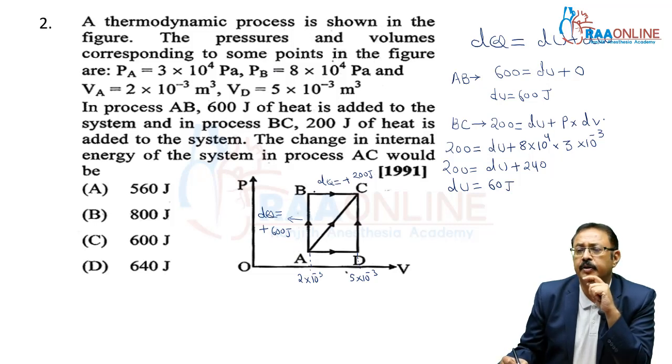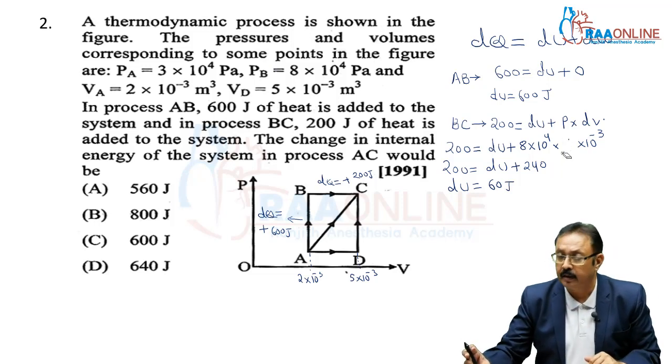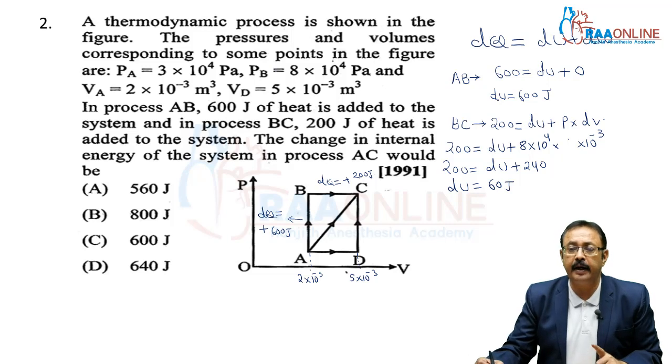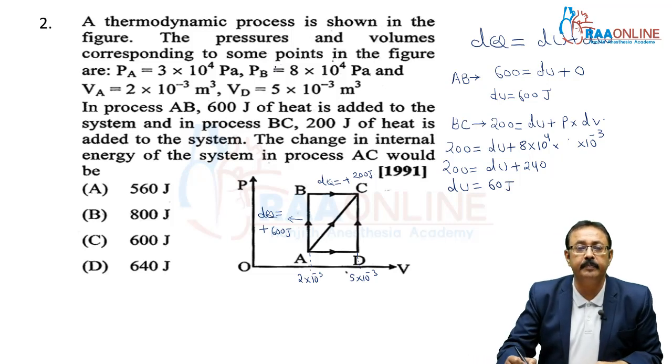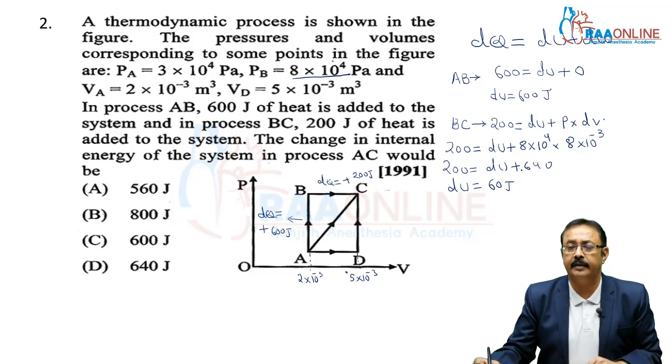At PB the pressure is 8 into 10 to the power 4, so 8 into 8 it should be, which means it is 64, 640.